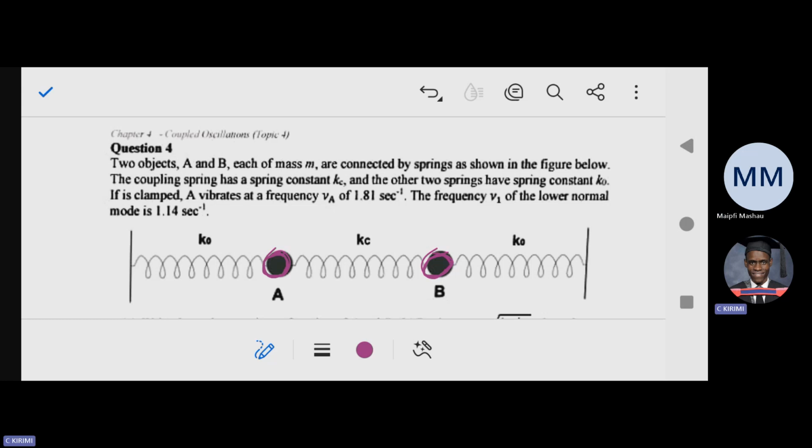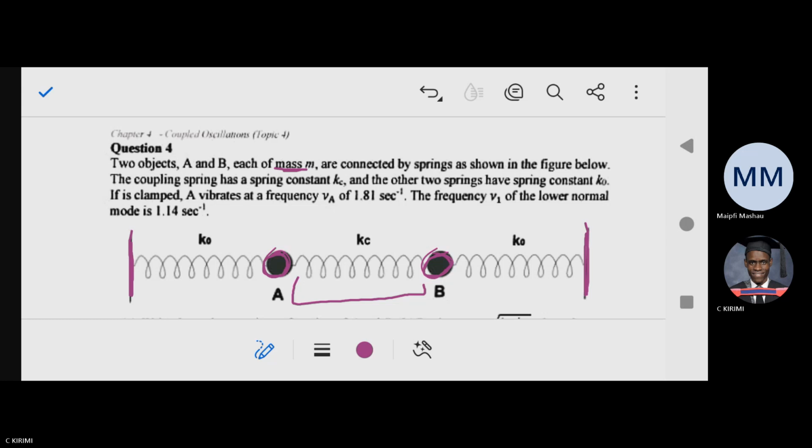They are representing an object. So the coupling spring is the one here at the middle, this spring. Remember, this spring is mounted here, and this one is also mounted on the left. This one is mounted on the right.